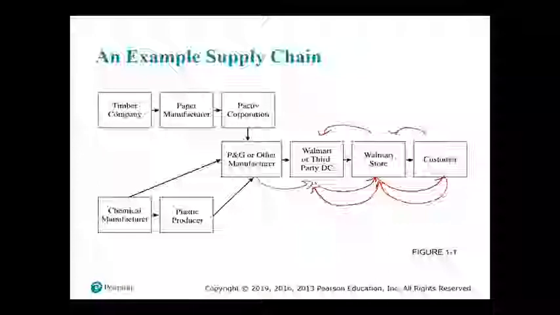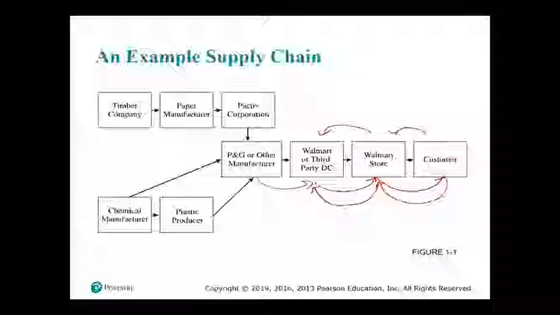So the appropriate design of the supply chain will depend on what the customer needs. For example, in the Dell supply chain, the computer hardware company Dell has two structures for its supply chain.